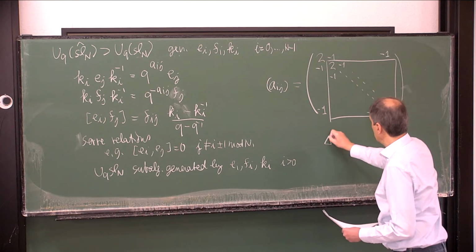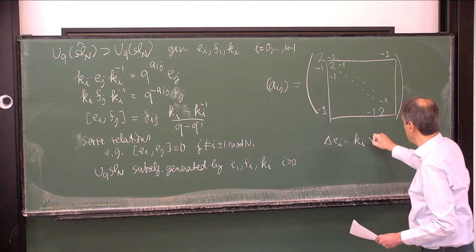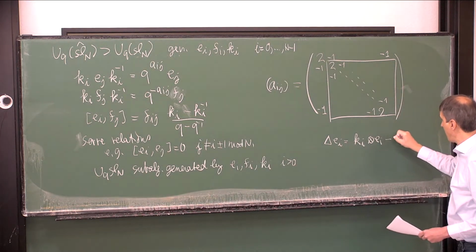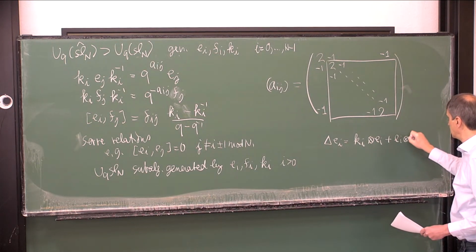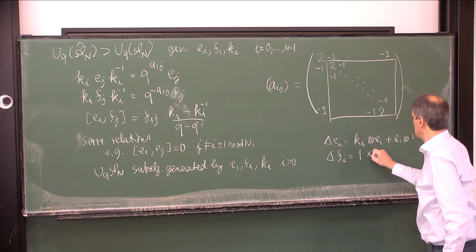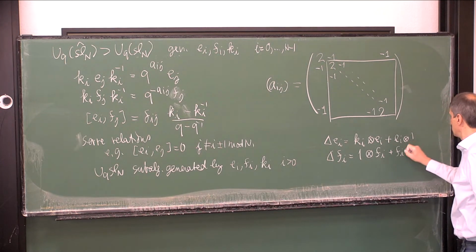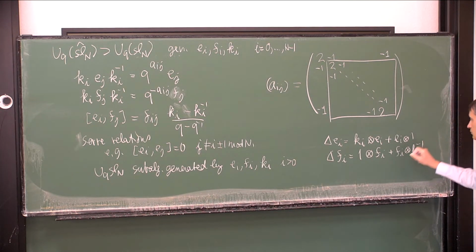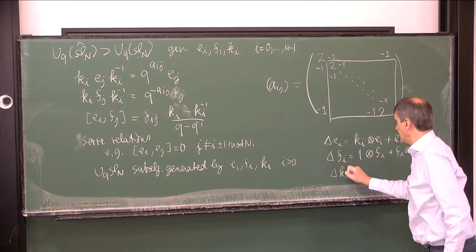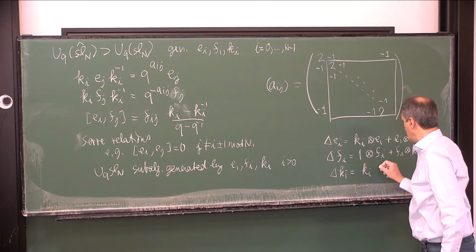So let me just give the coproduct, which is the straightforward generalization of what we have there. And delta of K_i is equal to K_i tensor K_i.